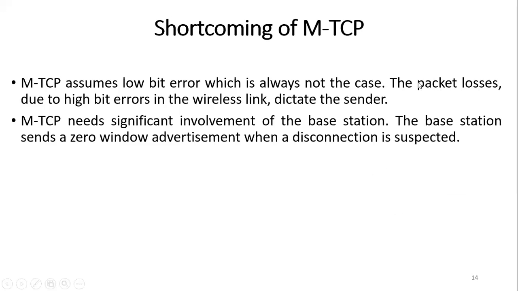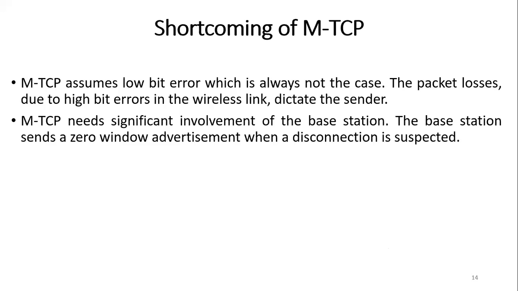So this is the problem when you have, say, high bit error rate. Some packets are lost because of high bit error rate, and that can cause the advertised window to fall to 0. The packets come with different bit error rates.